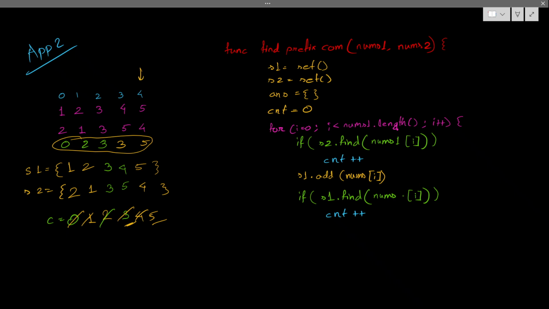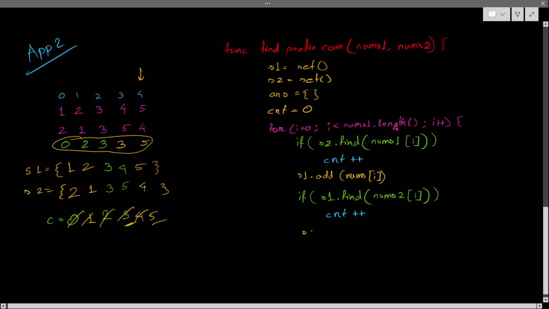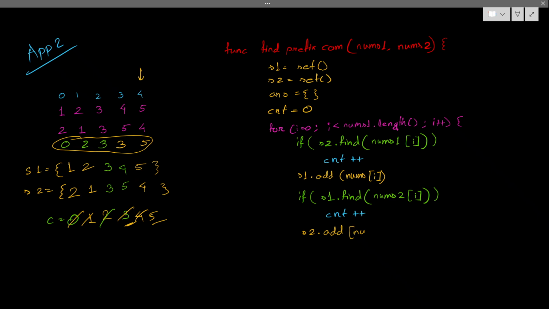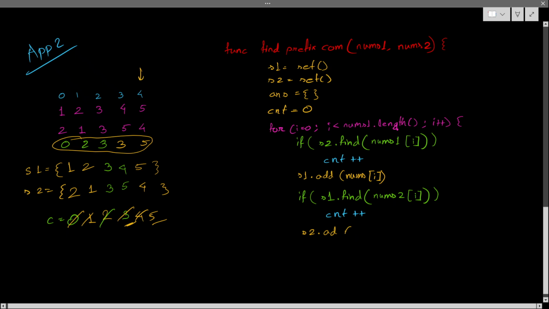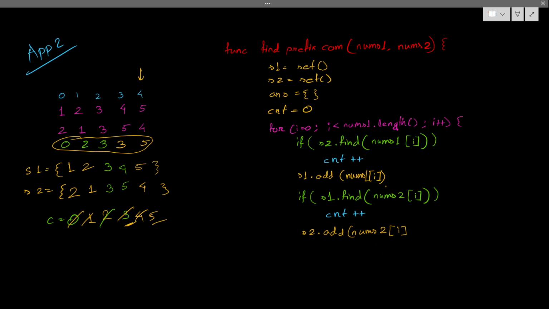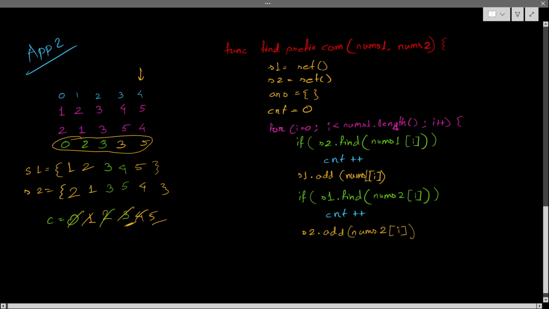If that is the case, I'll do count plus plus again, and add to S2 my nums2 of I. This is nums1 of I, nums2 of I that I have to add.